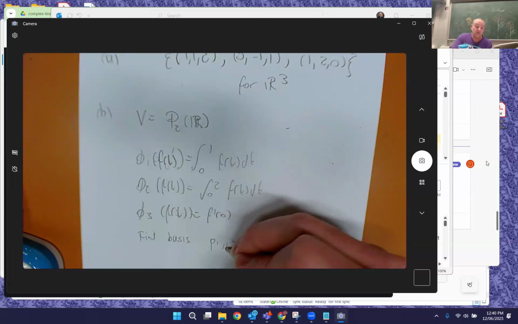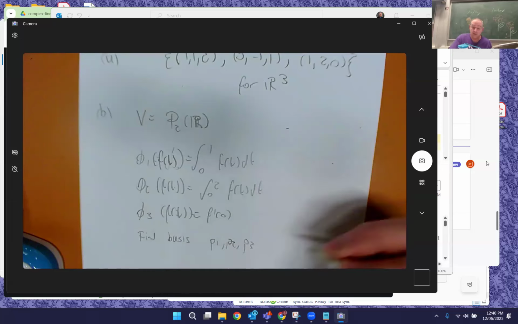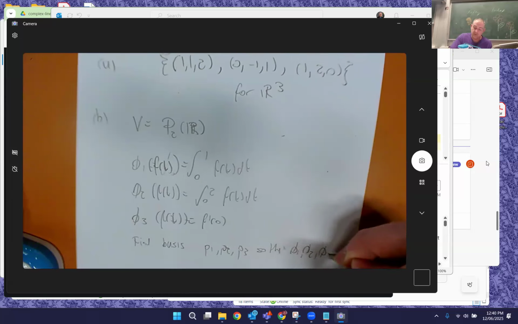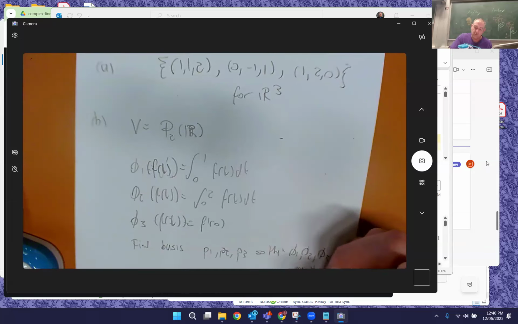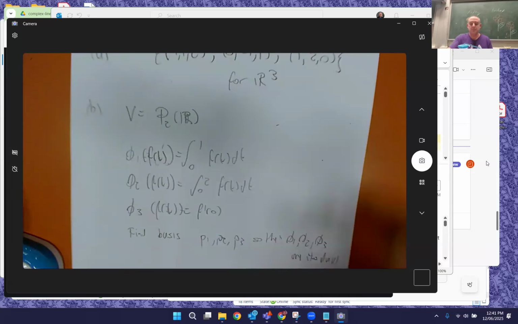I'm going to call them p1 and p2 and p3 instead of v1, v2, v3, so that phi 1 and phi 2 and phi 3 are its dual.